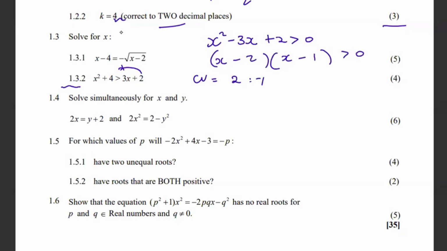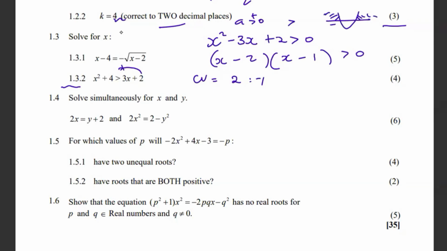Okay, but then how do I represent the solutions? The A is greater than 0. A is positive, and then the inequality is also greater than, meaning that if we have, let's say, that sort of scenario, we're focusing on regions like this.